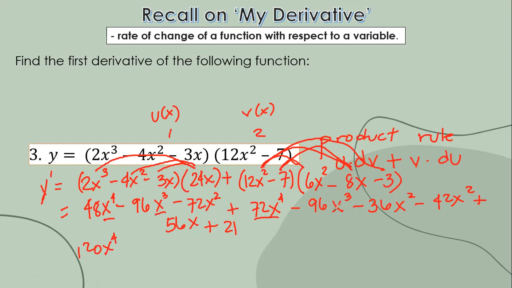Let's have yung x cubed naman. So negative 96. Tapos, wala na. That is negative 192x cubed. Then lahat ng x squared. So, tatlo.